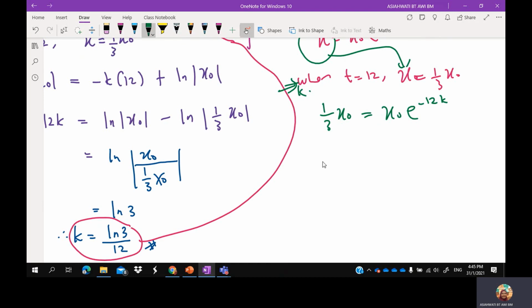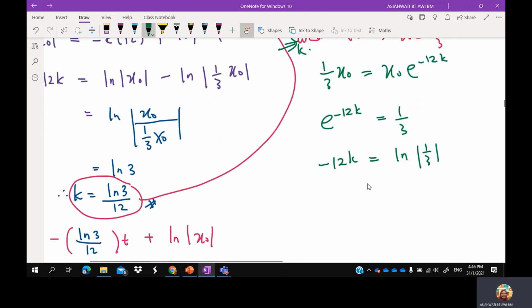Cancel x naught, which means e to the power negative 12k is equal to 1 over 3. I want to get rid of the exponent by taking ln on both sides, so I get negative 12k is equal to ln 1 over 3.